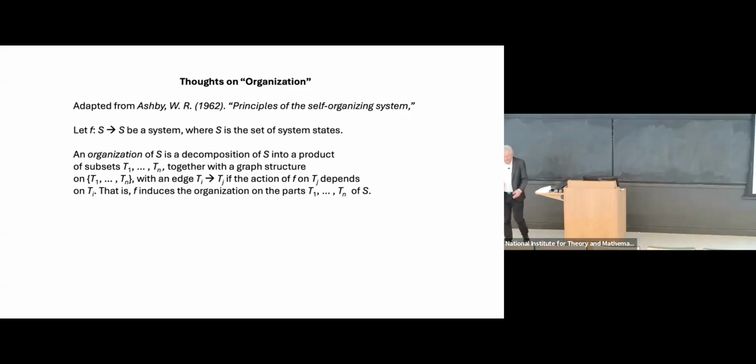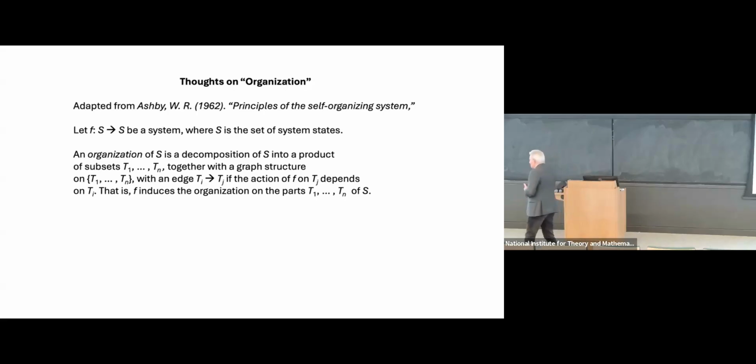One of the key features of complex systems in general and biological systems in particular is this notion of self-organization, which, if you ask people, it's one of those things, again, that you know it when you see it. There is no definition of self-organization.